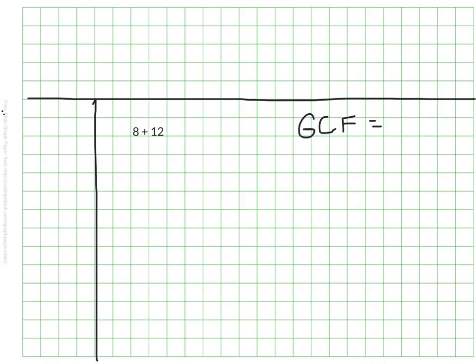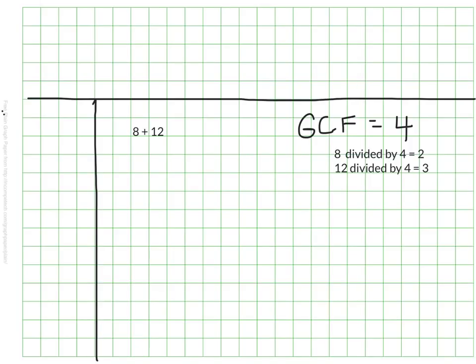So go ahead and write that in for a moment. Hopefully we can agree that the greatest common factor here is 4. And then we're going to divide 8 by 4 and 12 by 4 to see what is remaining. Just as a quick note, 8 divided by 4 is 2, and 12 divided by 4 is 3.